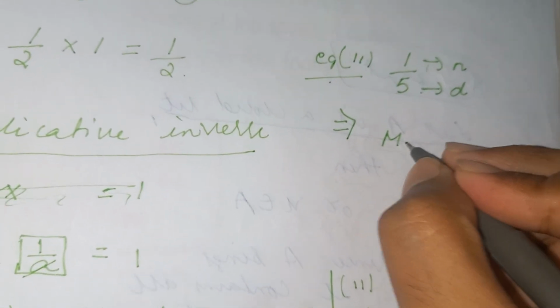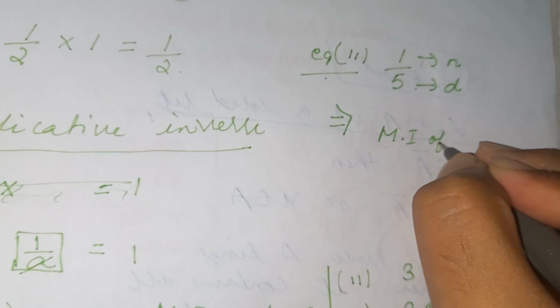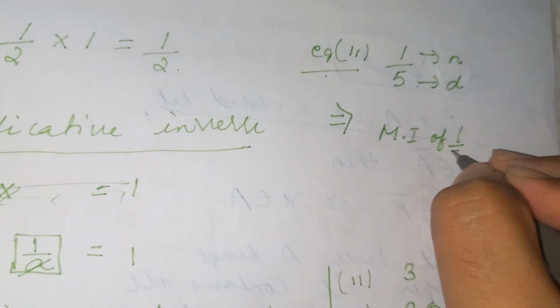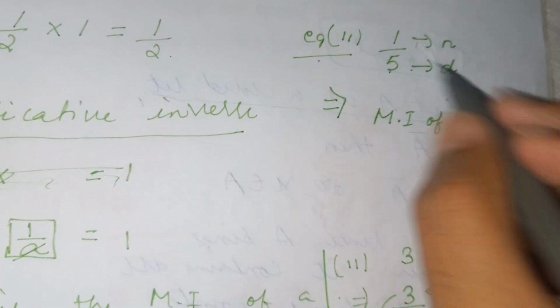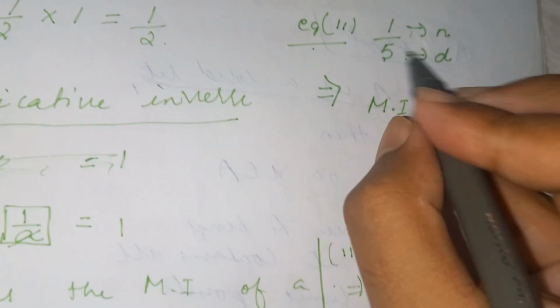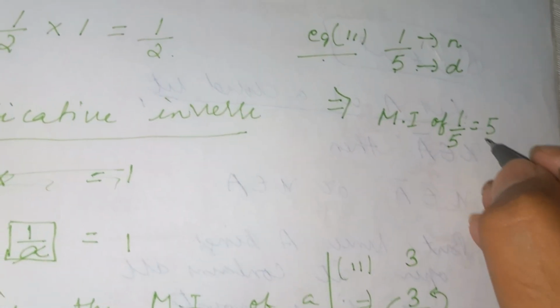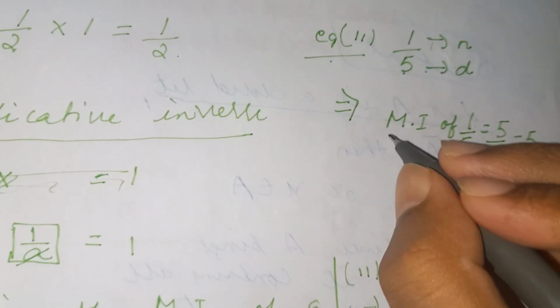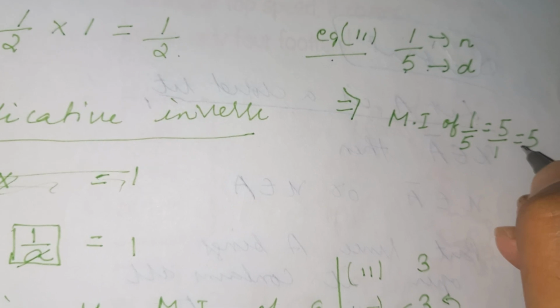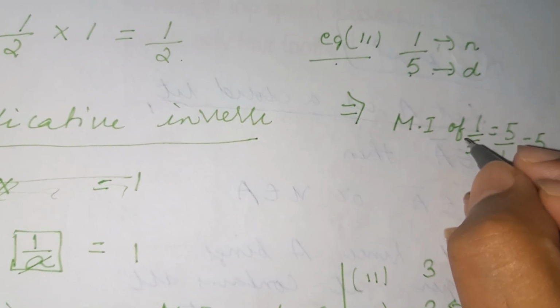So the multiplicative inverse of 1 by 5 is: 5 will go in the numerator and 1 will come in the denominator, 5 by 1, which is equal to 5. So 5 is the multiplicative inverse of 1 by 5.